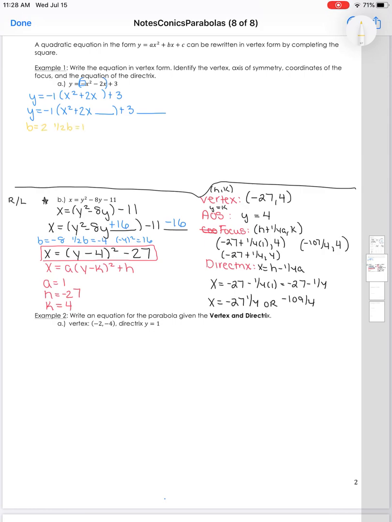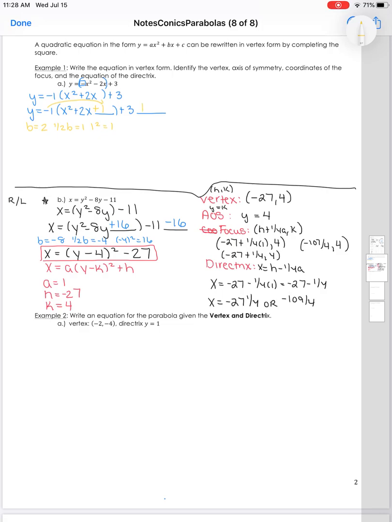And I'm going to set up my completing the square process with my parentheses. I'm only focusing on the parentheses. B is 2, so half of b is 1, and 1 squared equals 1. So I'm going to add 1 here.